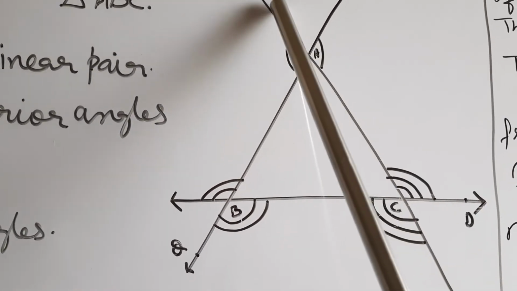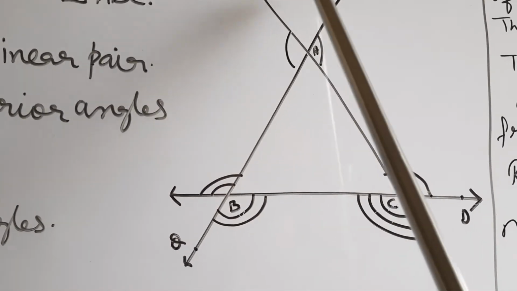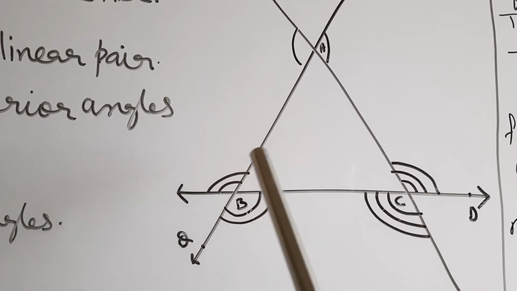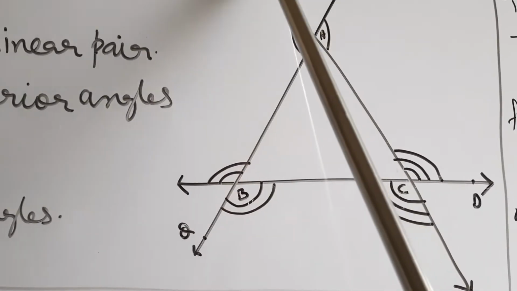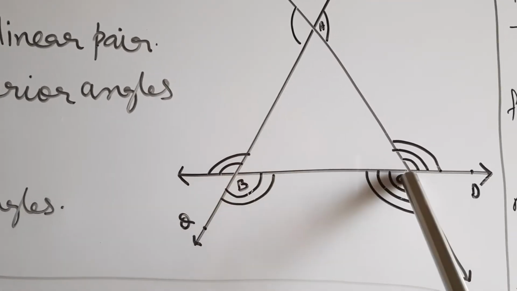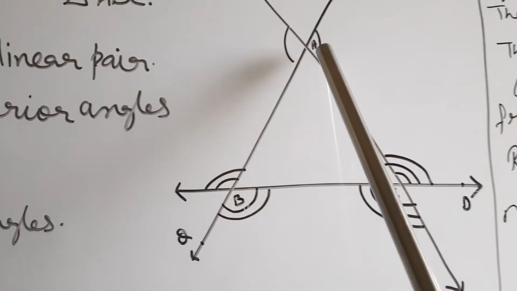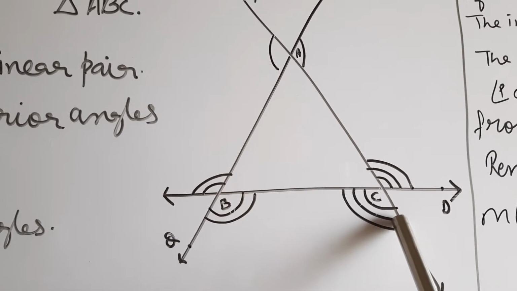Angle PAB and angle QBC, angle PAB and angle QBC are also the exterior angles of triangle ABC. Hope it's clear, children.